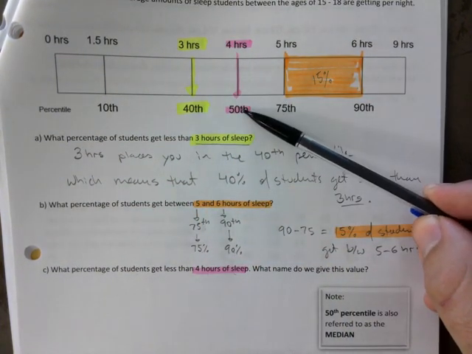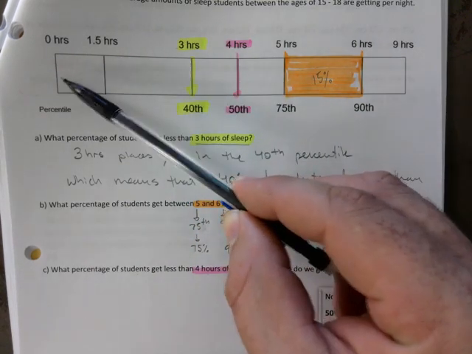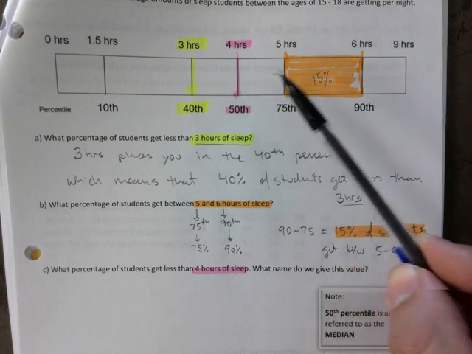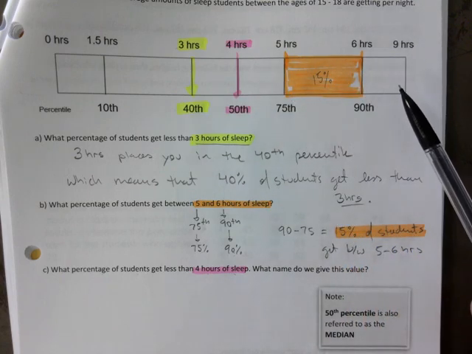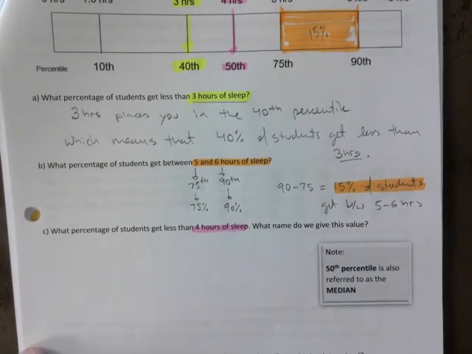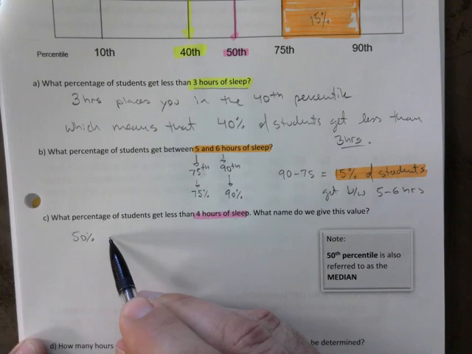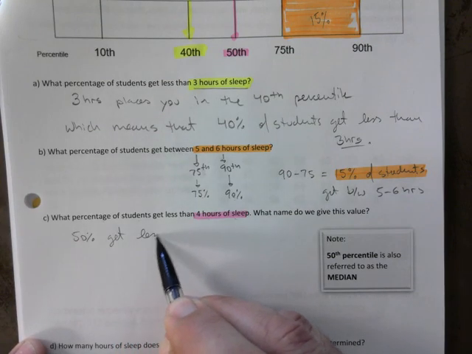So if you're in the 50th percentile, 50% of people get less sleep than you, and we are kind of assuming that 50% will get more than you if you are placed in this category, right? So 50% get less sleep.